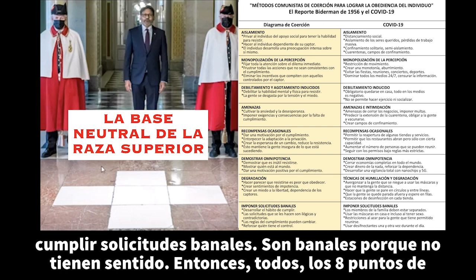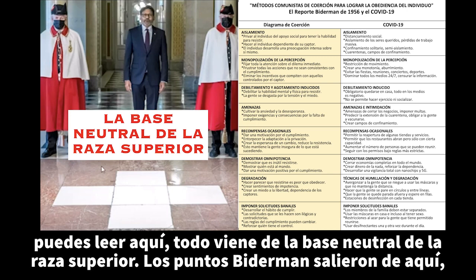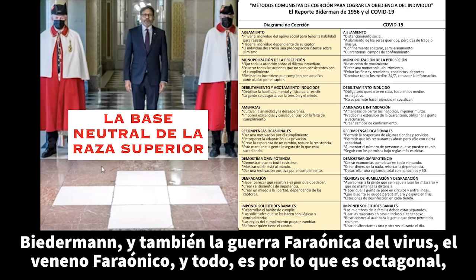So all the 8 Bidermans, 7 billion humans were slapped around with it. And the whole Biderman thing comes out of what you can read here. It all comes out of the neutral base of the master race. So the Bidermans come out of here, and also the Pharaoh's bug war and Pharaoh's poison and everything.